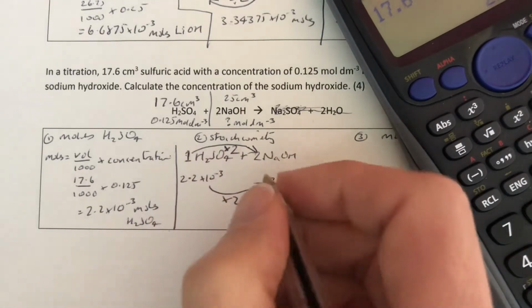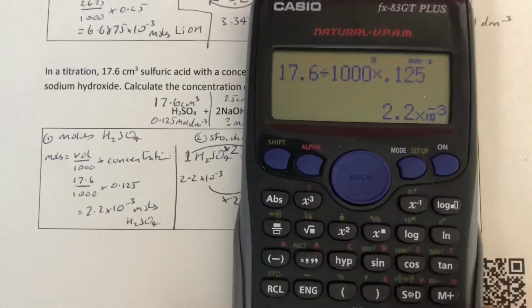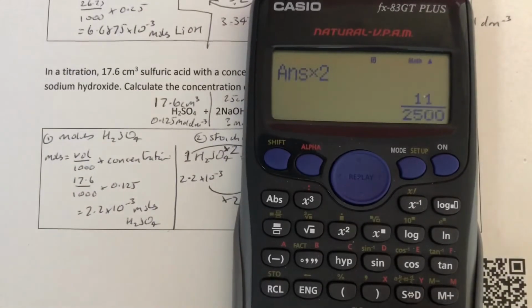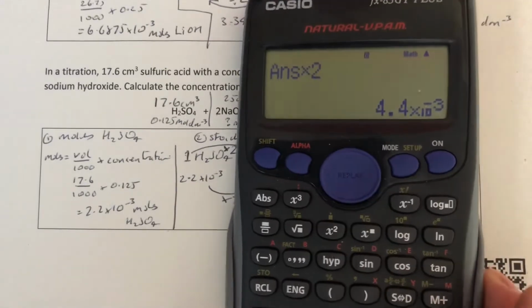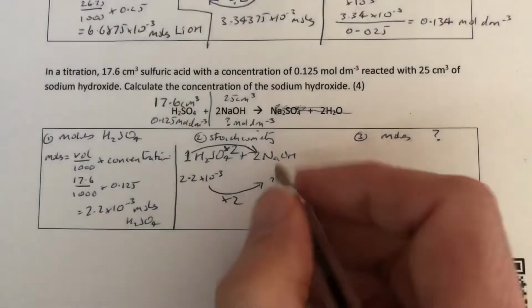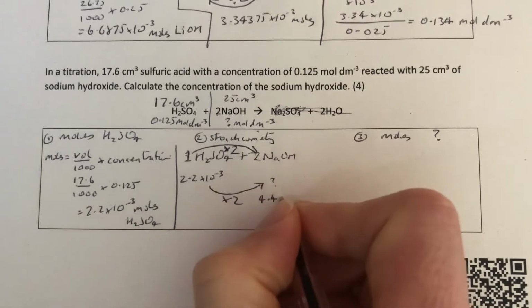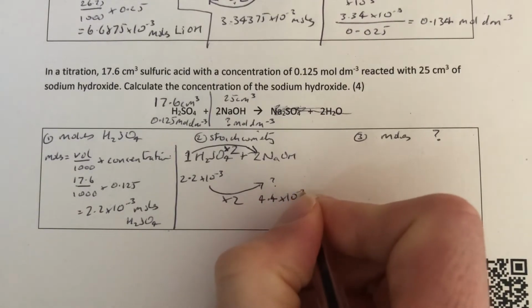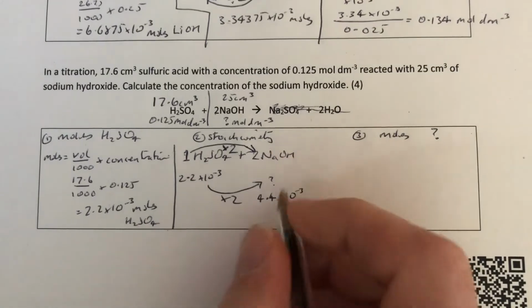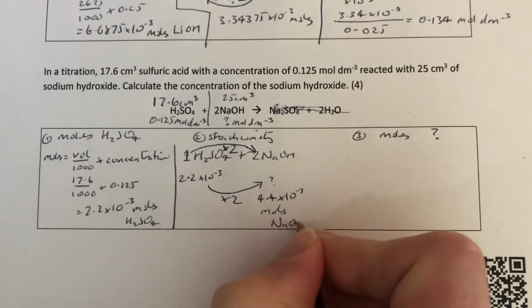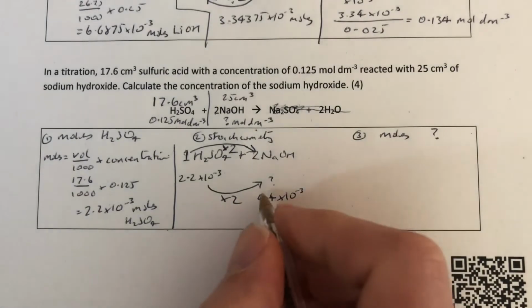This is a doubling relationship. So our moles of sulfuric acid, we're simply going to multiply by 2, equals 4.4 times 10 to the minus 3. So we have just found that we need 4.4 times 10 to the minus 3 moles, and this time it's NaOH. Okay, so that's now stage 2.